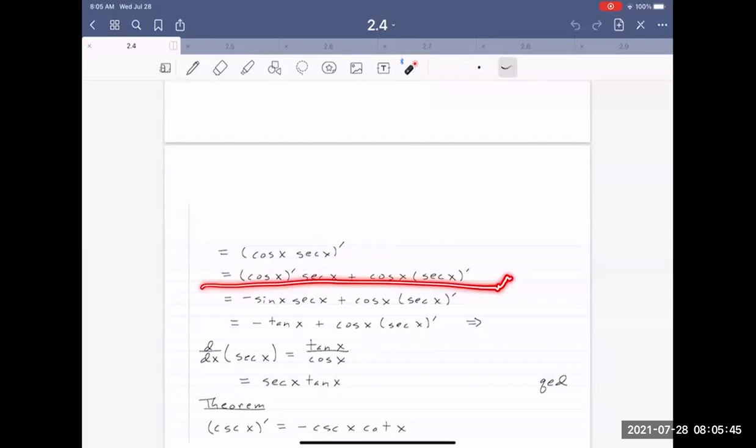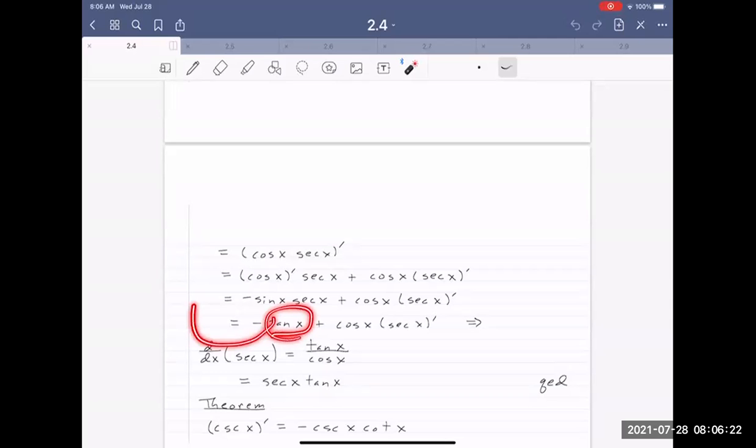This is equal to the derivative of cosine x times secant x plus cosine x times the derivative of secant x. Well, the derivative of cosine x is minus sine x. Secant x is 1 over cosine x. Therefore, sine x times secant x is sine x over cosine x, tangent x.